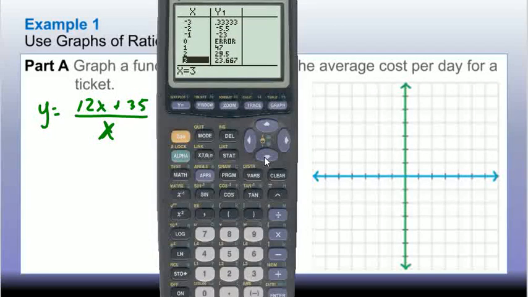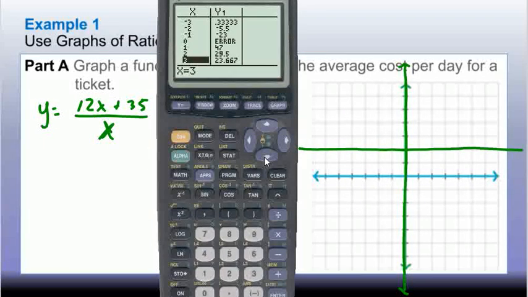Okay, so our vertical asymptote is at 0. Our horizontal one is at 12. So let's count the y's by 12s. So actually let's count by 2. No, let's count by 6s. So 12 would be right here.